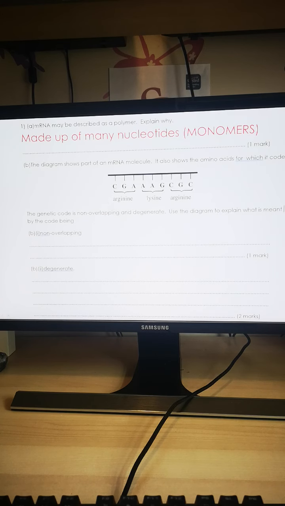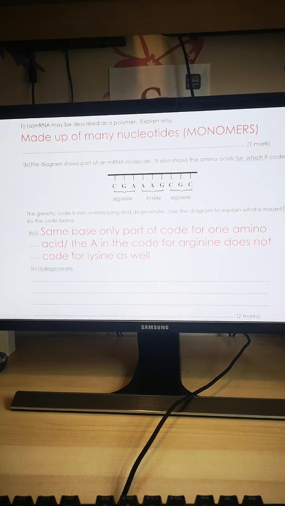Okay, so non-overlapping. Now, remember, you've got to use this information in the diagram. So the same base is only part of the code for 1 amino acid. A good example here would be to use this first one here, and you don't have to use that particular one.